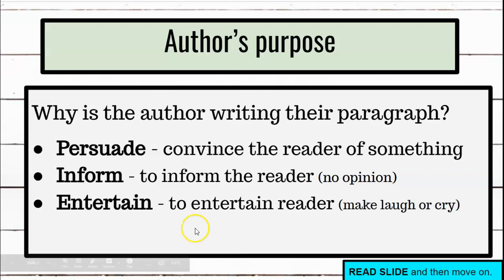Maybe the author's purpose is to inform, which means to just inform the reader or provide information to them without the opinion. Or maybe the author's purpose is to entertain, which usually means they're trying to make the reader laugh or cry, or to feel more than usual.